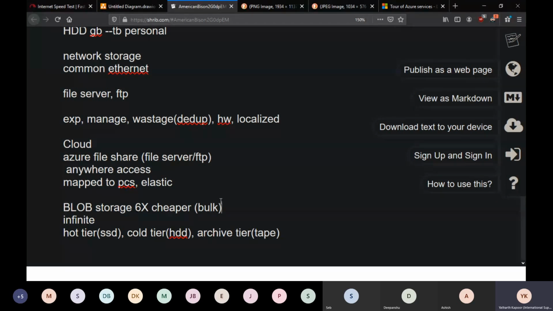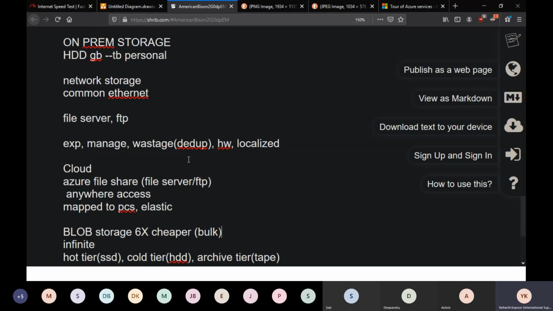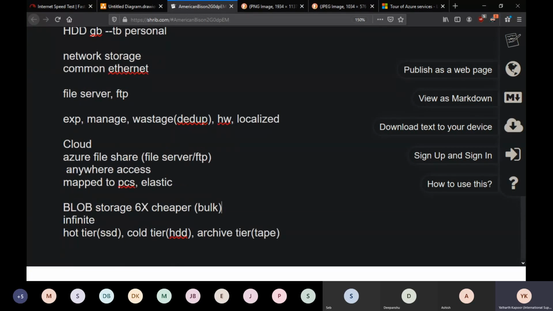It's six times cheaper than your Azure file share. It comes down to about 20 cents a day per GB, something like that, and that's super cheap. So of course it's one of the major factors. It's probably the cheapest storage on the market. Well, actually, the second cheapest. The cheapest is Google, but it's not very good. It's not very reliable.